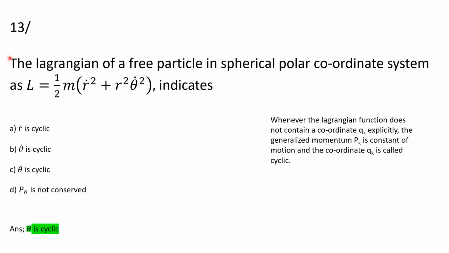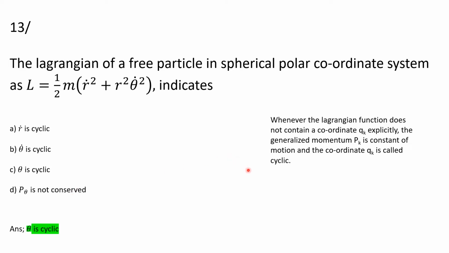Then the Lagrangian of a free particle in spherical polar coordinate system is L equal to half m (r dot square plus r square theta dot square). It indicates, and the options are r dot is cyclic, theta dot is cyclic, theta is cyclic, and p theta is not conjugate.